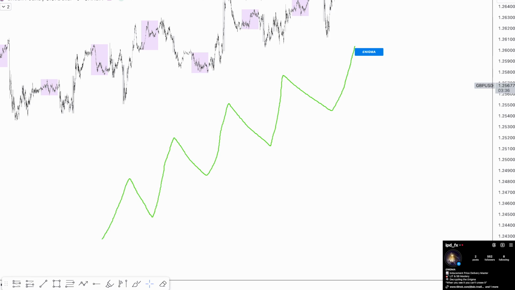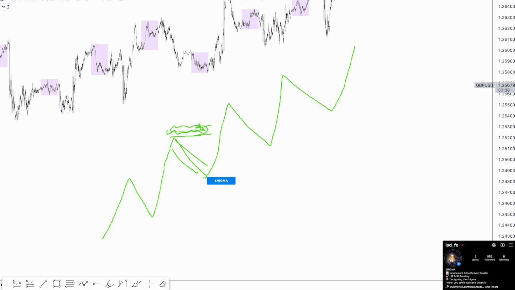Let's draw again. When we take out this external point, we also have an injection of liquidity by people that try to take this transactional liquidity. So you understand that in this area right there, we have a lot of liquidity that the market wants to take out after.